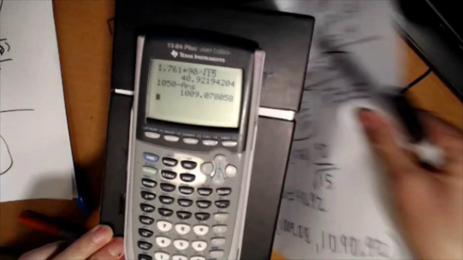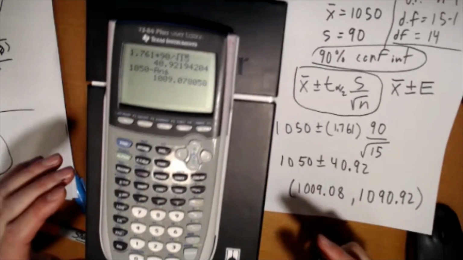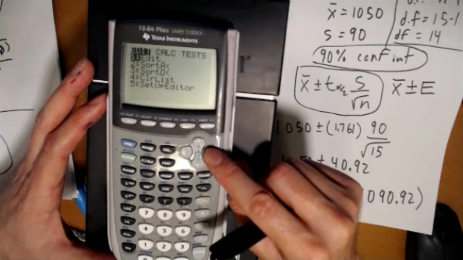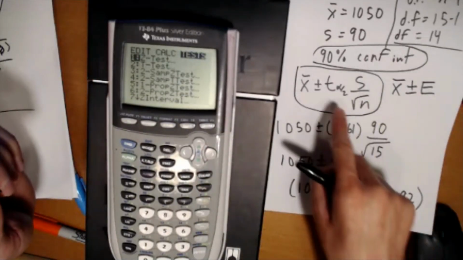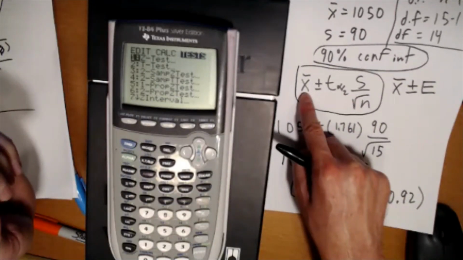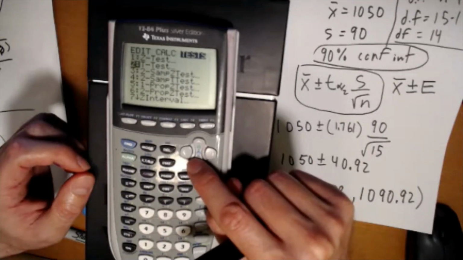No problem. Okay, so I want to make a confidence interval. So let's see, stat, slide over to tests, and you see that the letter is T, and there's only one sample, so one sample mean T interval.